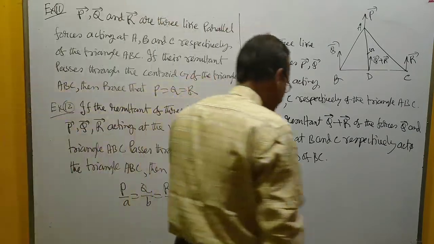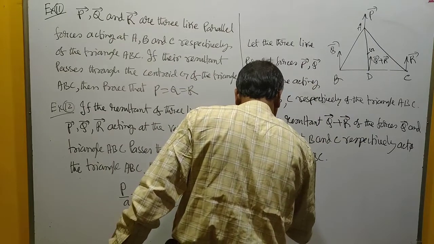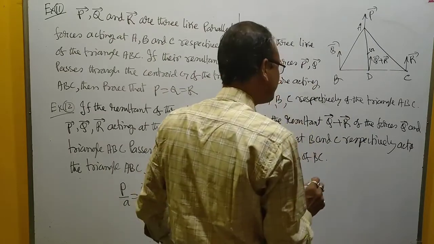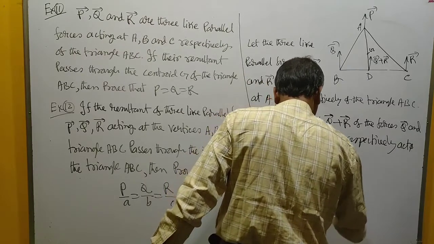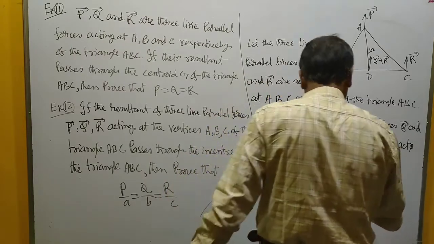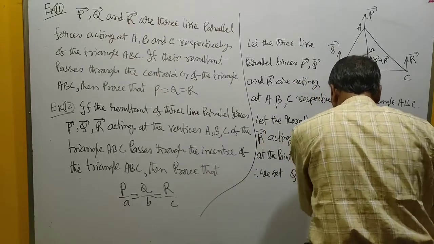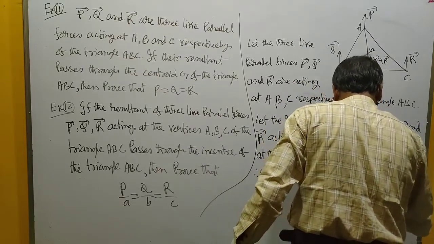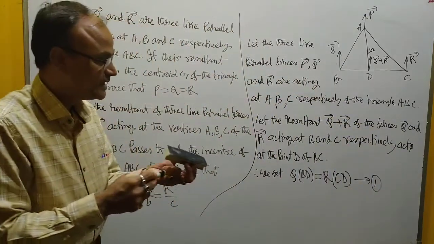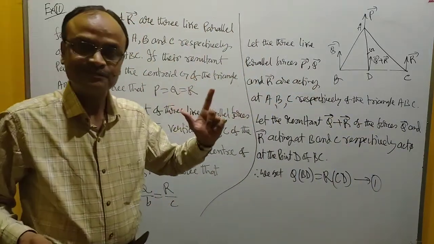Therefore, we get Q into BD equal to R into CD. Suppose this is number 1.